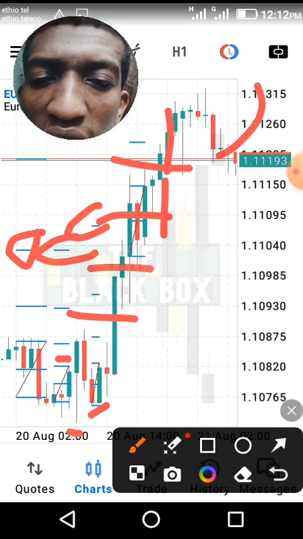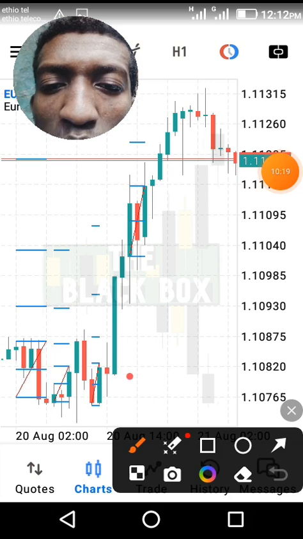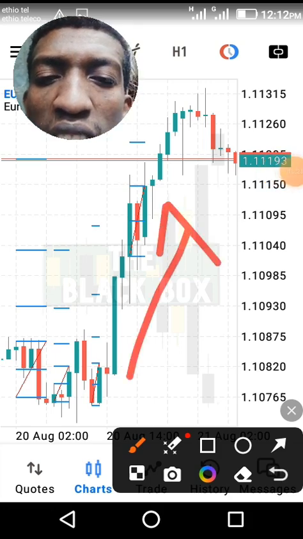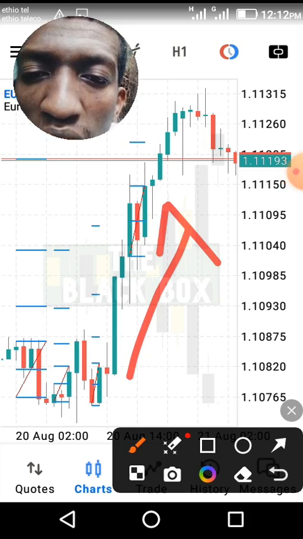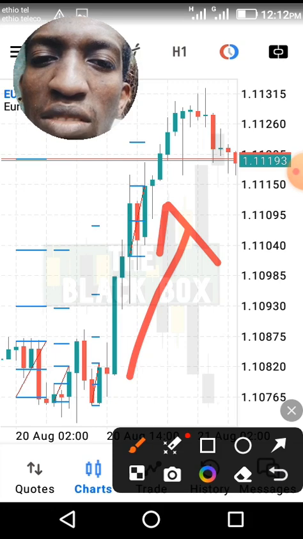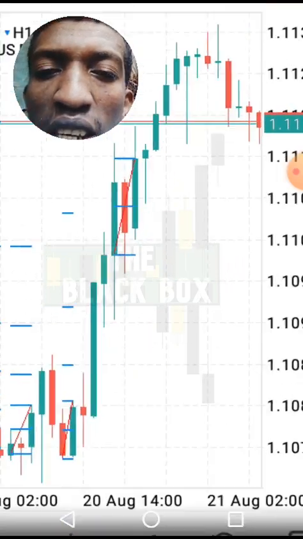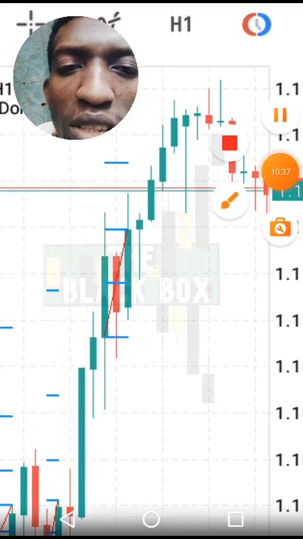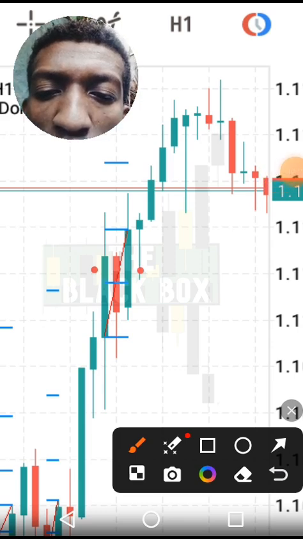When the market was trading this way, and when you find another black box, take a trade if it satisfies your risk and if the setup satisfies your criteria. Then afterwards, this black box formed, but unfortunately we do not enter.